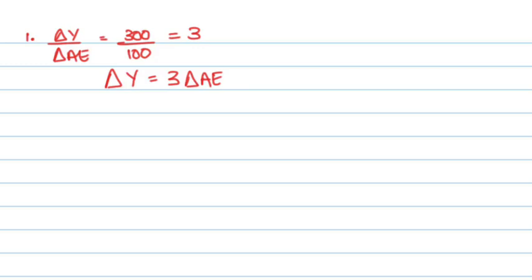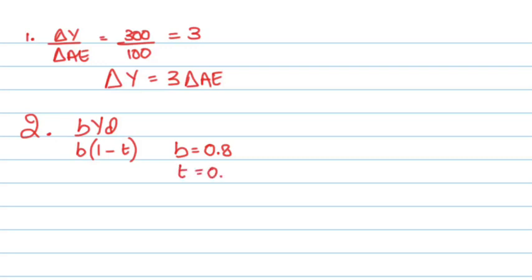The other method involves BYD. So when we were discussing consumption, we talked about how consumption is a function of disposable income. So BYD is basically B times (1 minus T). Now let's say B is 0.8 and T is equal to 0.2. The average tax rate is 0.2 and the marginal propensity to consume is 0.8.